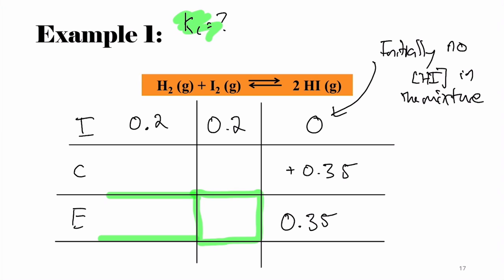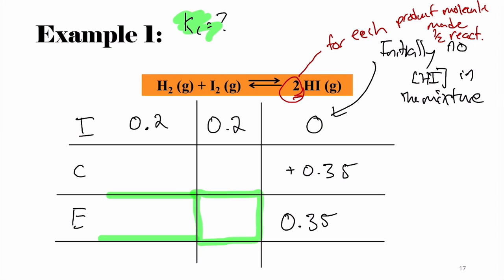Yeah, so that's exactly what it's going to end up being, right? So we know as this reaction proceeded, it made this much of our product. That means for each one of these molecules, you made how many product molecules? 2, right? Because we know that from the balanced chemical equation. For each product molecule made, 1/2 reactants were used.